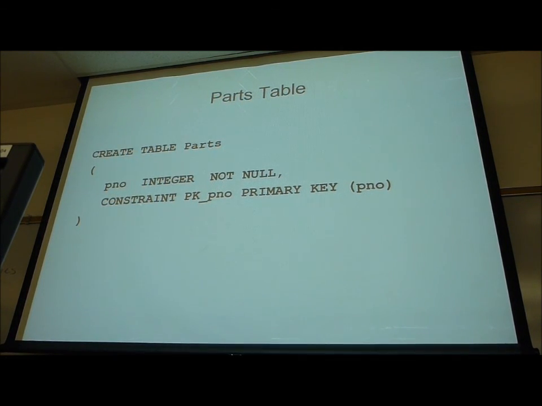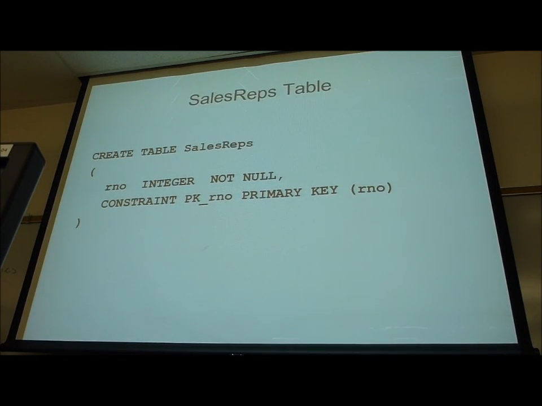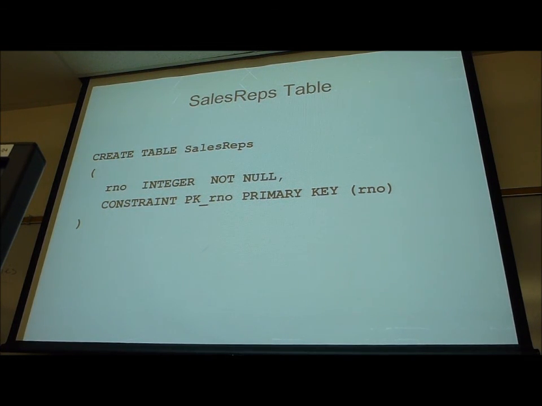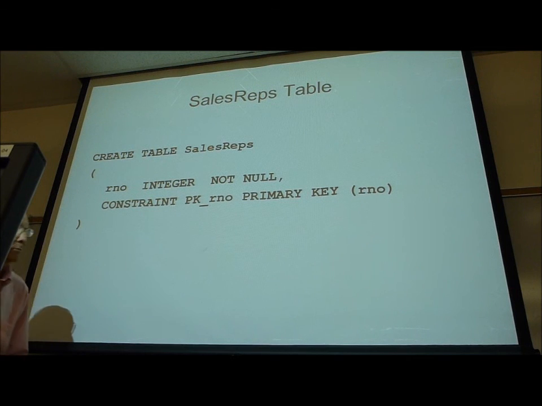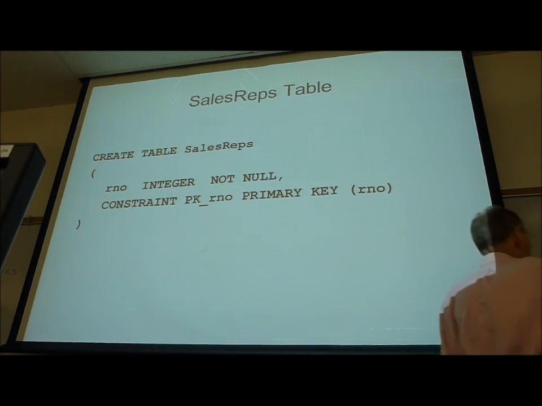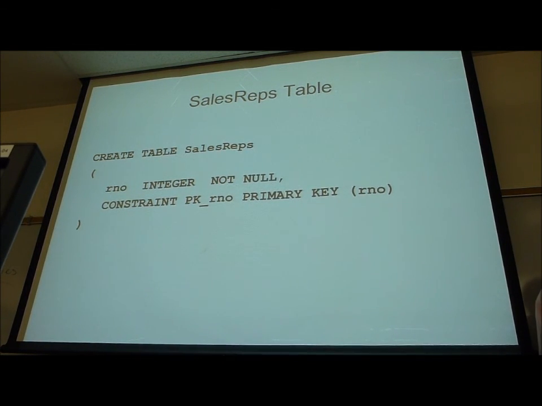Okay. So I've got my parts table. You'll note that I'm starting with the most independent, sales rep. And he's independent. Same thing, all he's going to have is a primary key. If you look at our diagrams here, you can look at, okay, 1, 1, and 1.